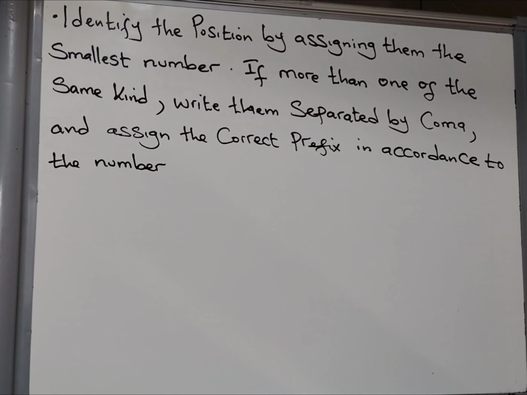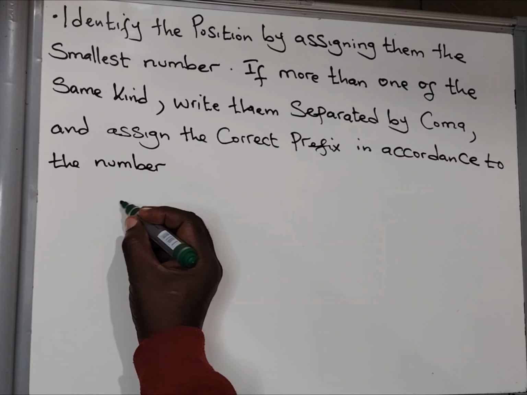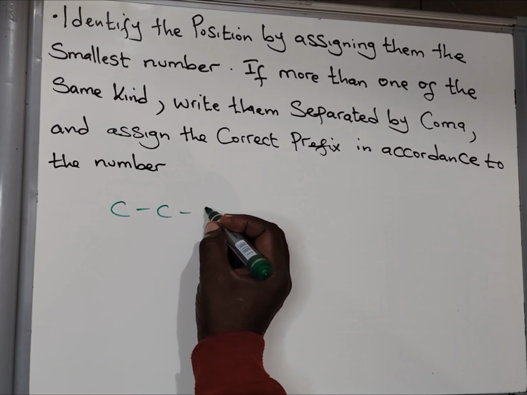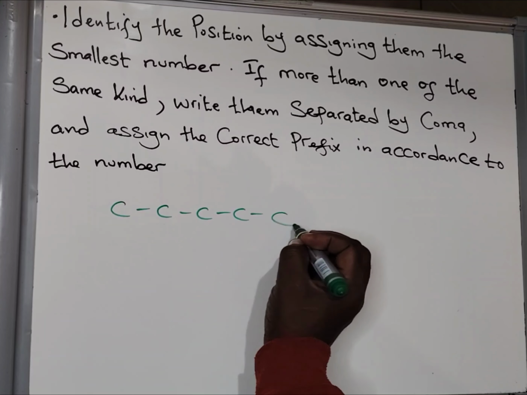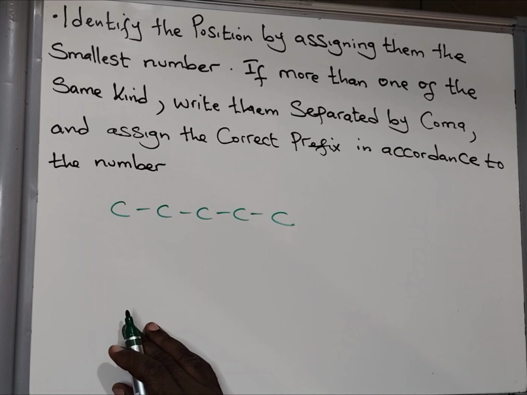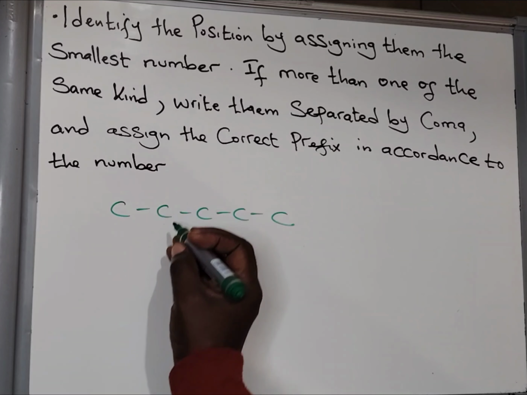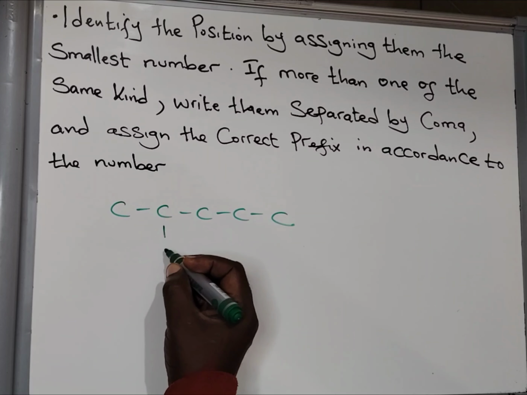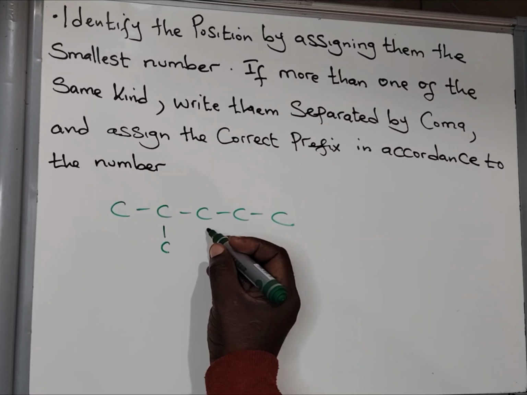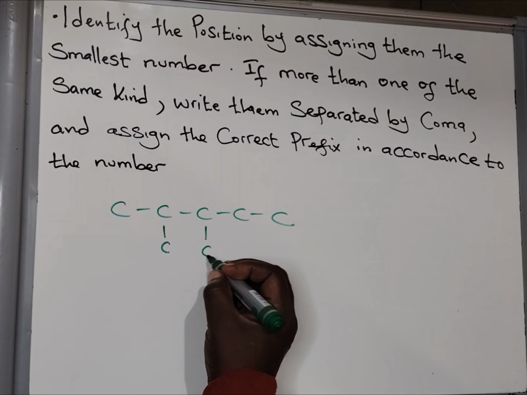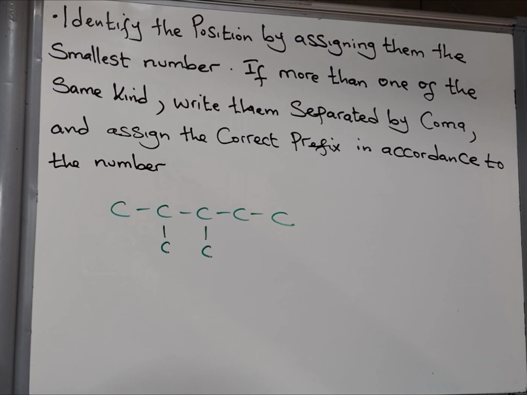This is what they mean: you have a carbon and a carbon and a carbon and a carbon and a carbon, and if you have this one as our branch and this one as our branch, let us look at that first.